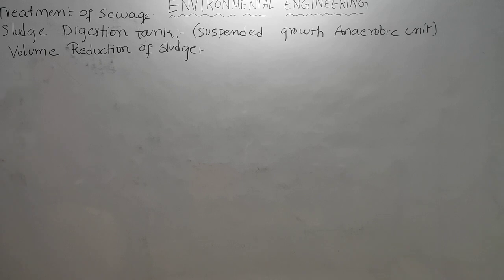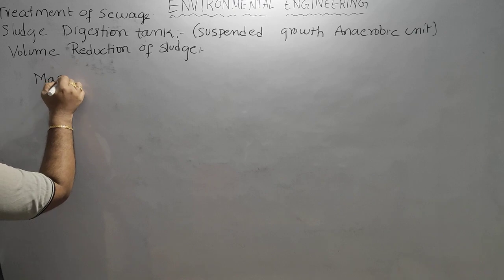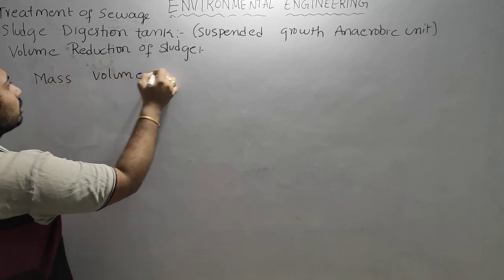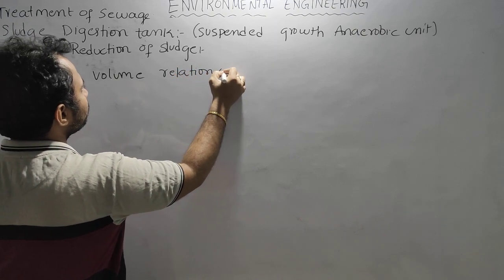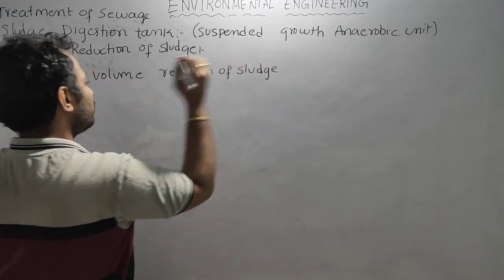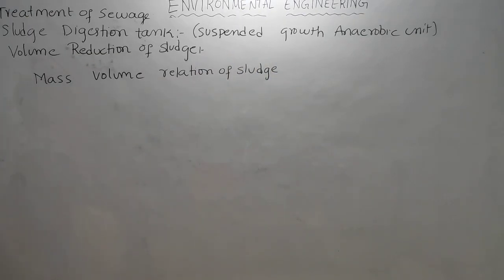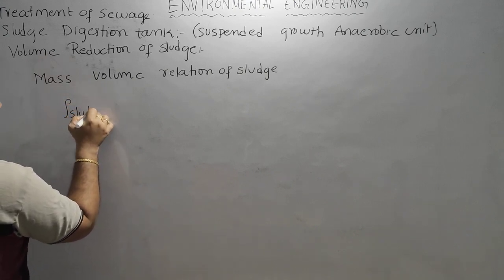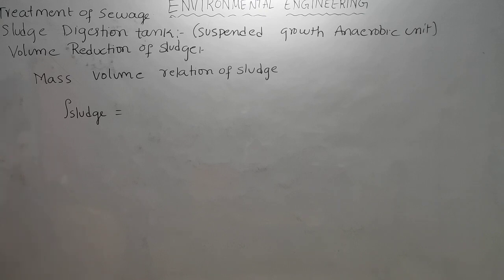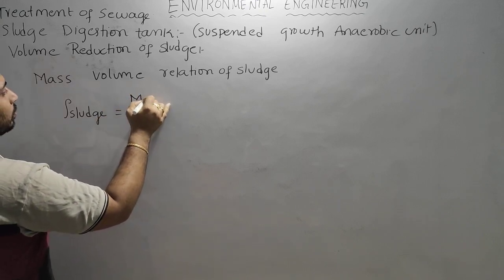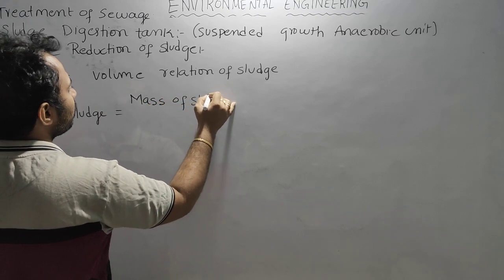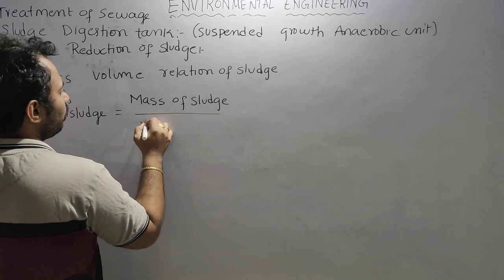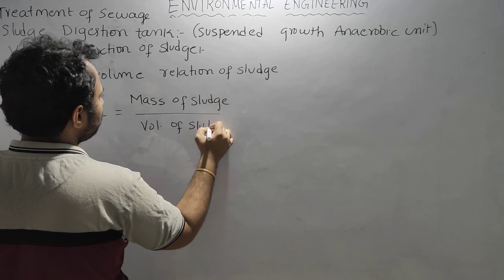Here, if you look at the mass-volume relationship of the sludge, the density of the sludge, rho of sludge, is equal to the mass of the sludge by the volume of the sludge.